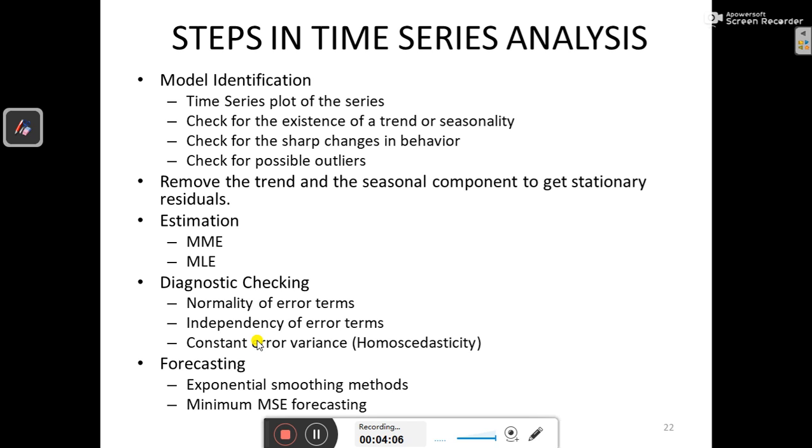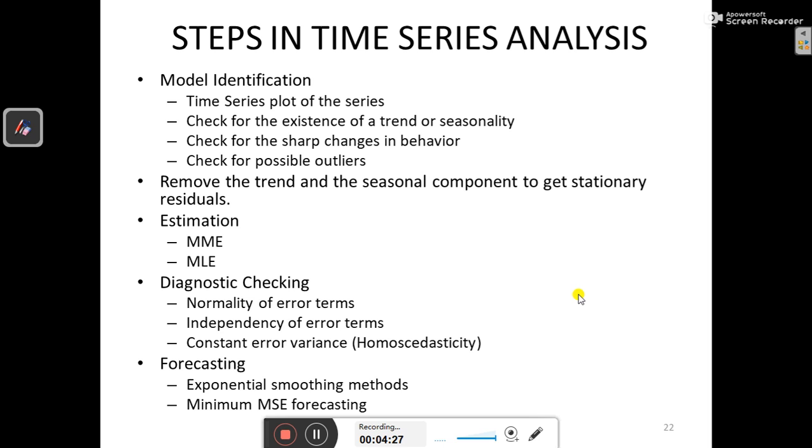Here two names are mentioned, MME and MLE. We'll go through the full forms of these in a few slides. The fourth step is diagnostic checking: normality of error terms, independence of error terms, and constant error variance.